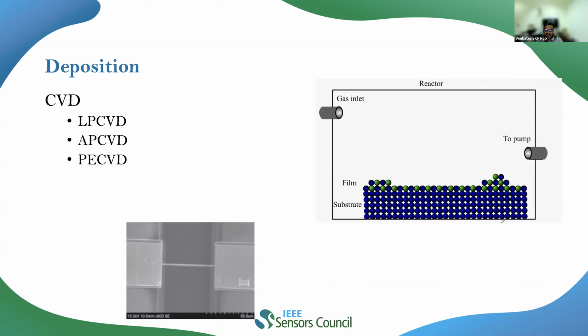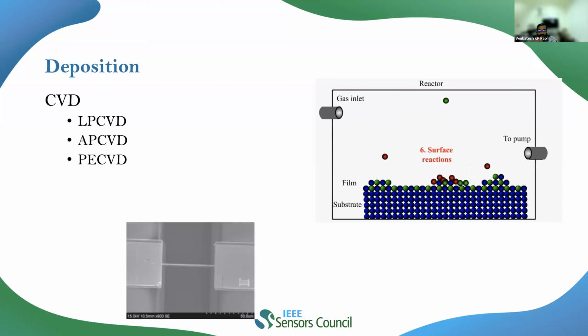Wherein you can see in this, we have a gas inlet. The precursor molecules, the mass transport of the reactants will happen. The reactions will take place and the thin film gets deposited on top of the structure. All the unwanted things are absorbed because of the surface diffusion.